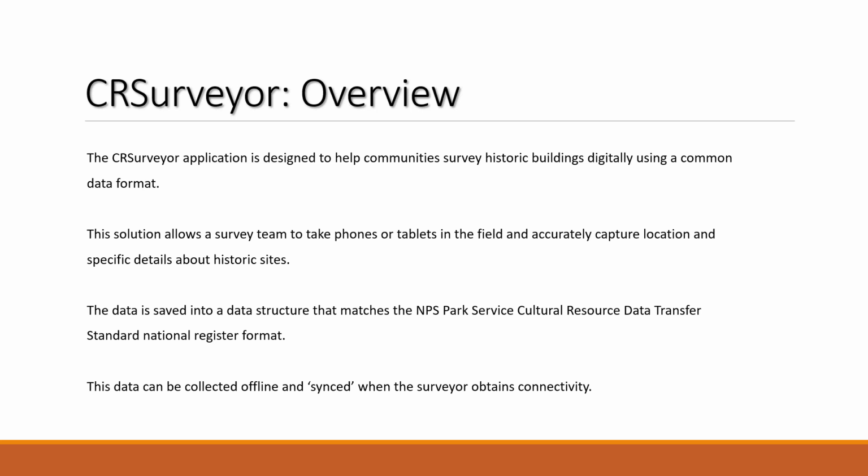The data is served into a data structure that matches the National Park Service Cultural Resource Spatial Data Transfer Standard in the National Register format. This data can be collected offline and synced when the surveyor obtains connectivity. This is what we typically call disconnected editing. And this is a great feature, so you don't have to be connected to Wi-Fi or cell data when collecting information.